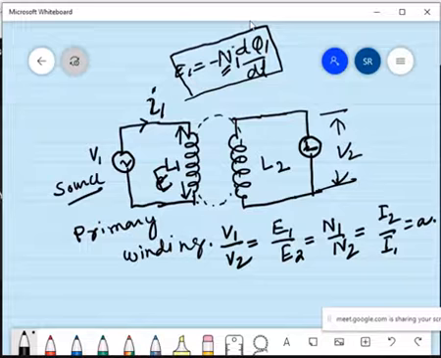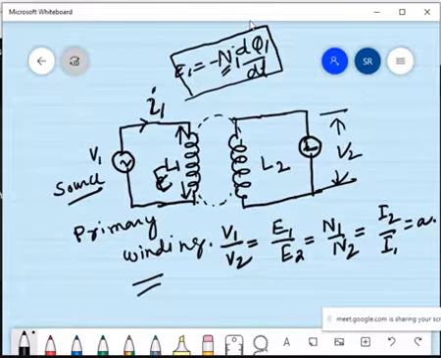So a coupled circuit is basically something you already know from the transformer chapter in first year, first semester. Now, in the second year syllabus, we must know what is a coupled circuit.